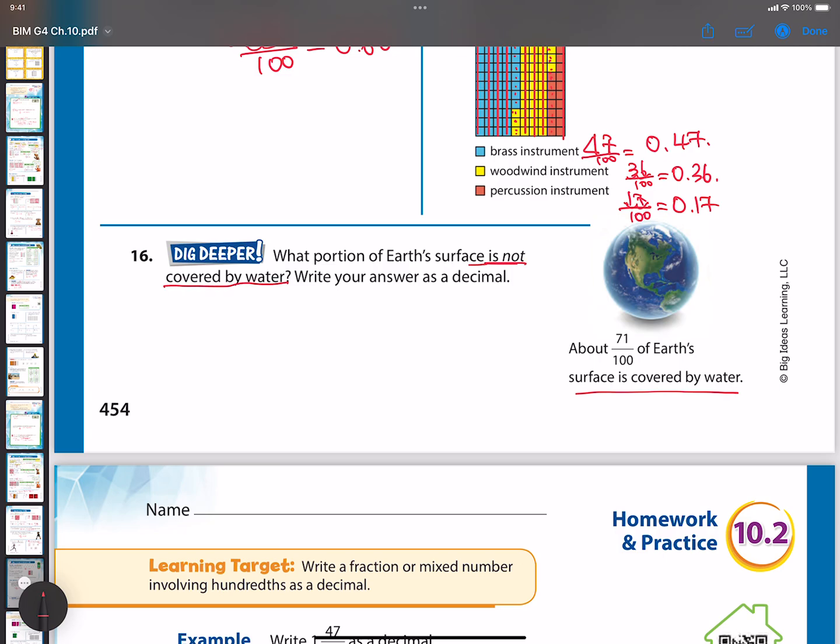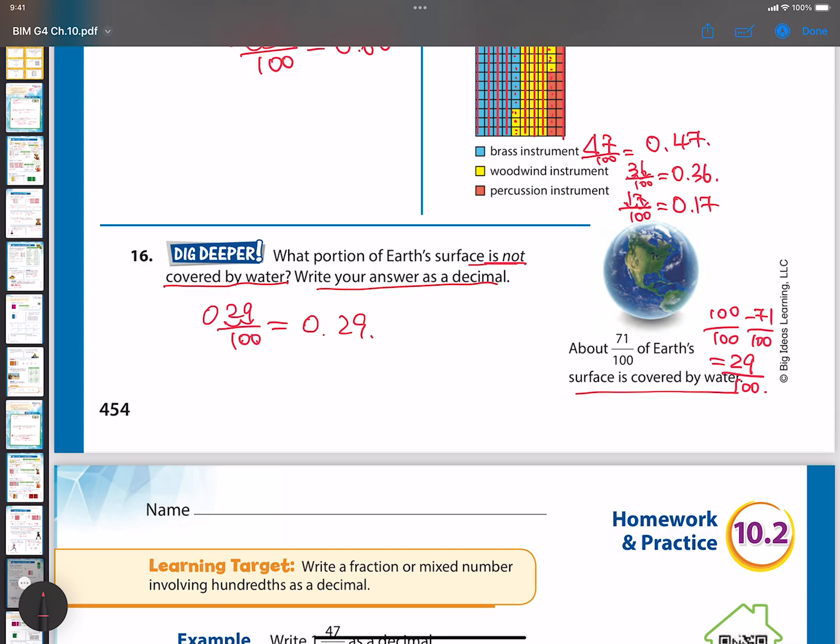Simply, you can take away: if the entire Earth is 100 over 100, you are going to take away 71 over 100, which is 29 over 100. We are supposed to write it in decimal, so 29 over 100 is equal to 0.29. Okay, that's it.